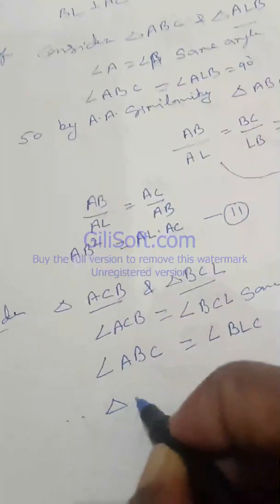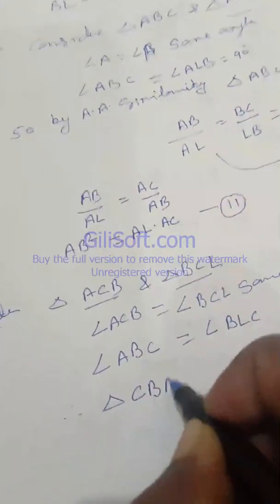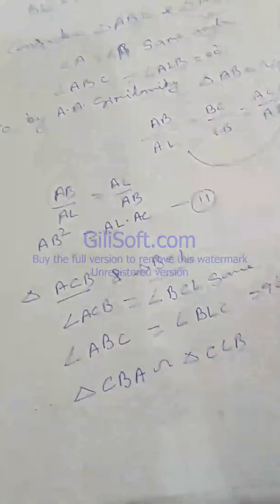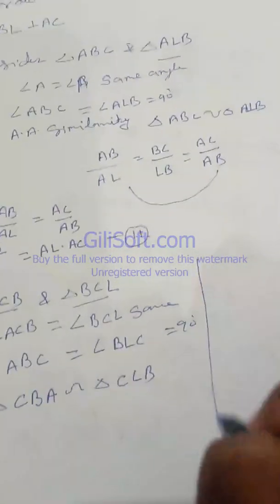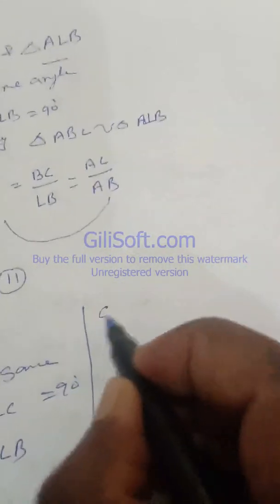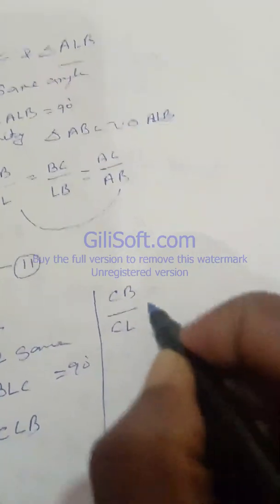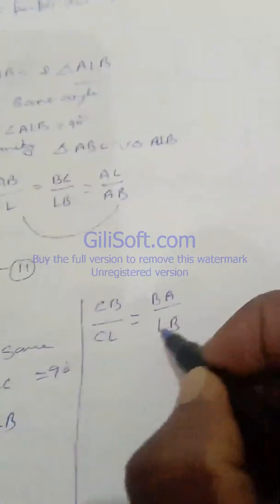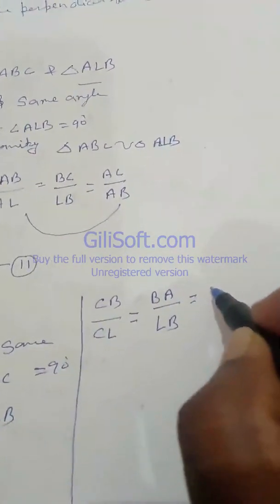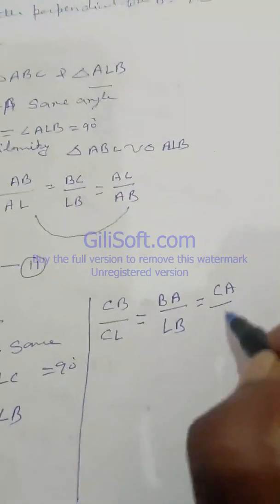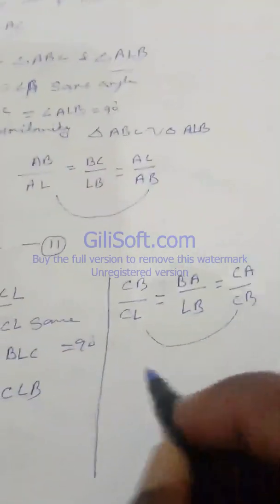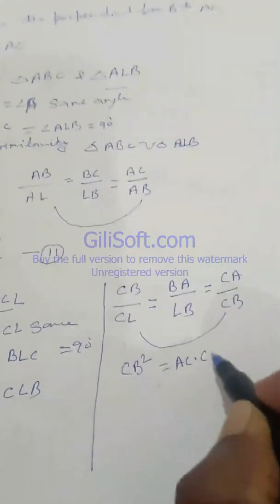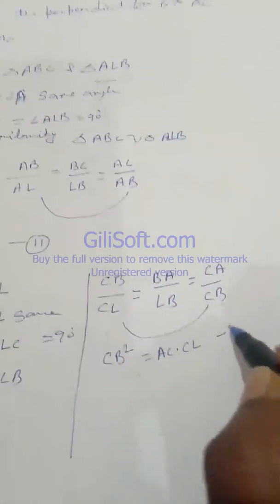Then triangle CBA is similar to triangle CLB. Again its corresponding sides are in the same ratio. So CB by CL is equal to BA by LB, which is equal to CA by CB. Now consider these two ratios and we get CB square is equal to AC into CL. This is equation number 2.